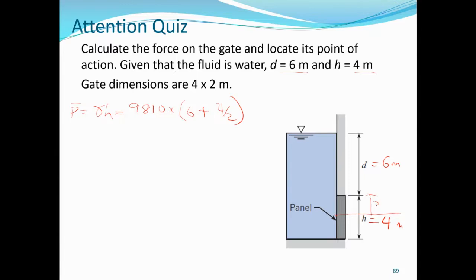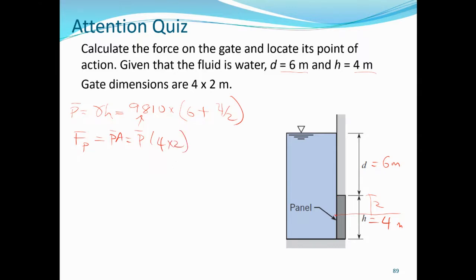This is 2, which is 4/2, then plus 6. So there you get the pressure, and to get the pressure force or the resultant hydrostatic force, PA, the area you get from this one, and the area is 4 by 2. Simple. Okay.